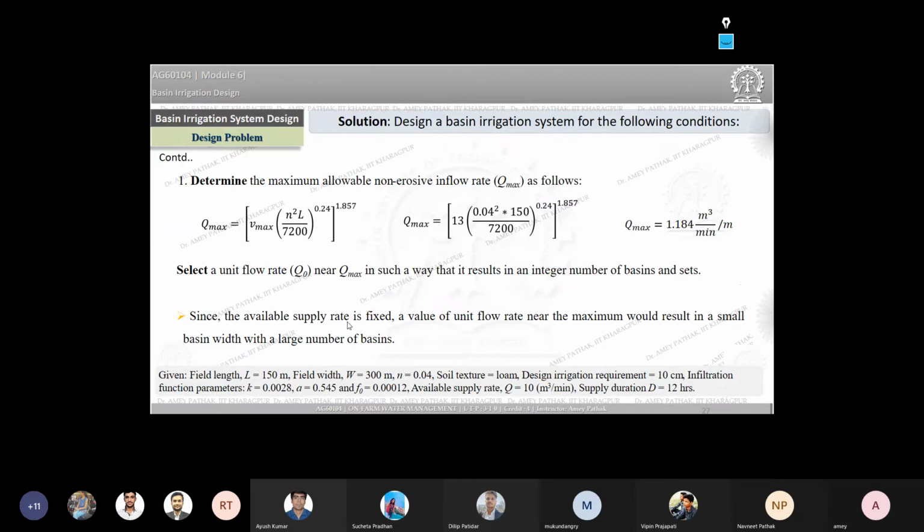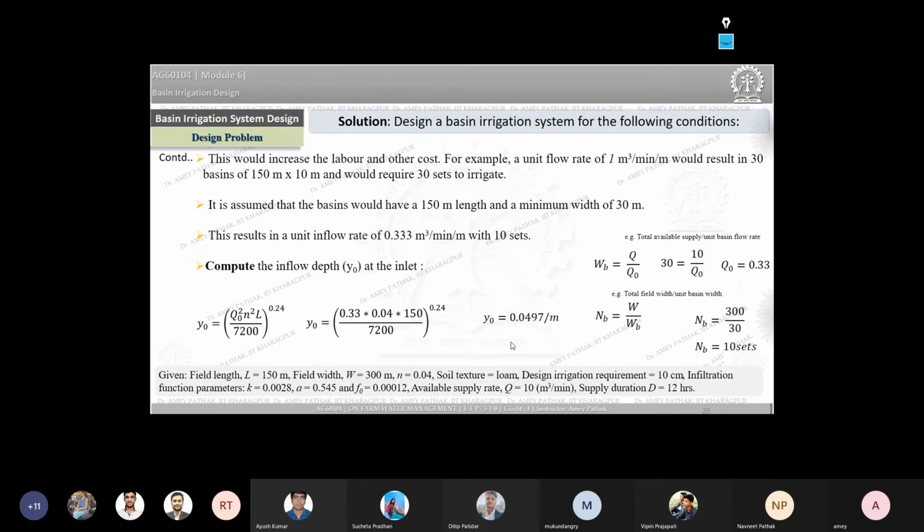Okay, now since the available supply rate is fixed, the unit flow rate near the maximum would result in a smaller basin width and a large number of basins. Okay, let's see. Our Q is 10, and if you see Q naught is equal to 1.184, so in that case around 8.4 or something sets we can have.